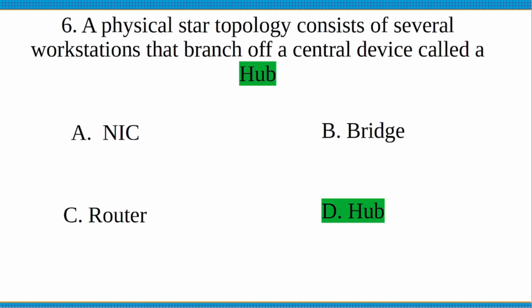A hub or a switch is at the center of a star topology. A NIC is a network card which each computer must have to be on the network. Bridges and routers are higher level connectivity devices that connect network segments or separate networks together.